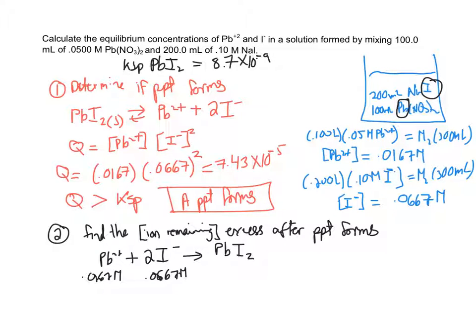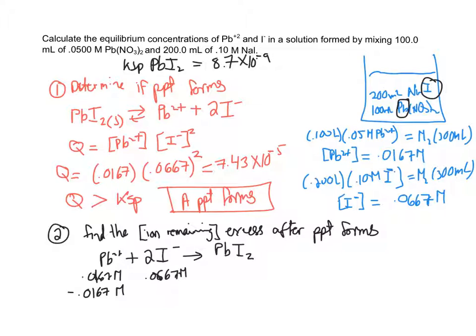So between those two, which one is my limiting reactant? Well, even though I need twice as much of this as this, I have way more than twice. I have like almost 5 times or so more of this than I do that one. So it looks like the Pb2+ is my limiting reactant. And so that's how much I'm going to use up of it.